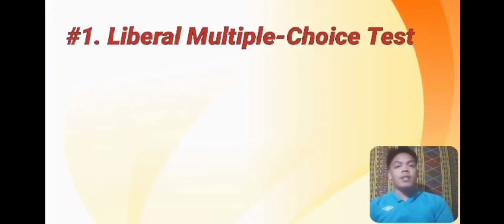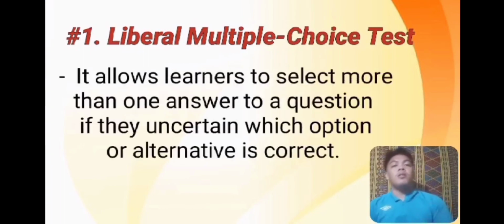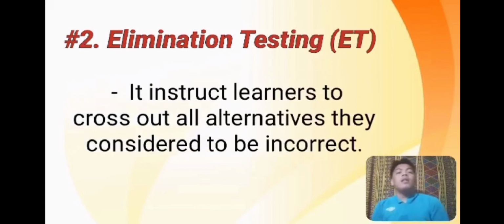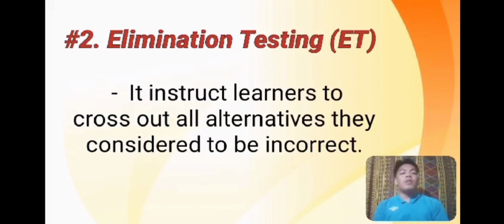First, we have the liberal multiple choice test. It allows learners to select more than one answer to a question if they are uncertain which option or alternative is correct. Second, we have the elimination testing, or ET. It instructs learners to cross out all alternatives they consider to be incorrect.